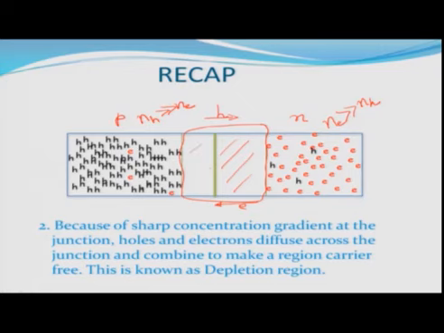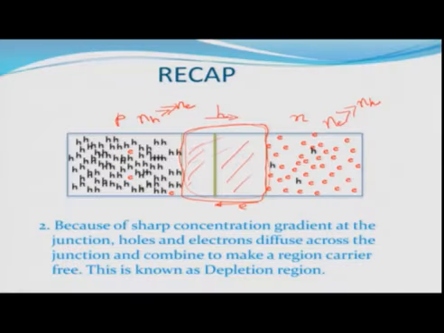Similarly, in this region lots of electrons are coming from the right and the holes are there, and these holes and electrons are combining here, and that makes it carrier free. So, in this middle region you do not have electrons and holes because they recombine with each other. But then in any region new hole electron pairs are created every time.